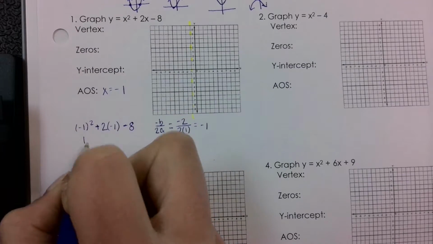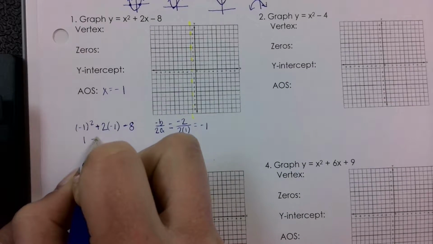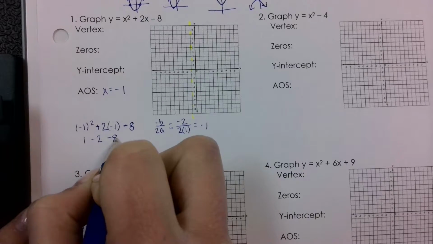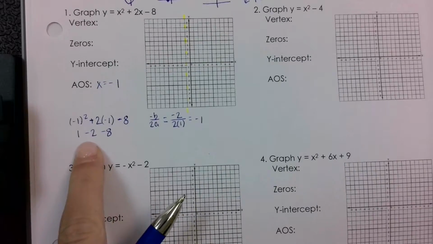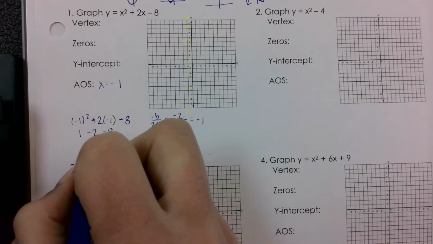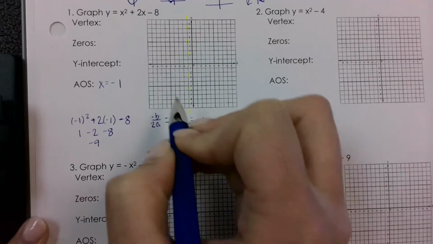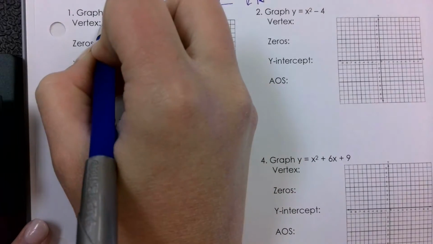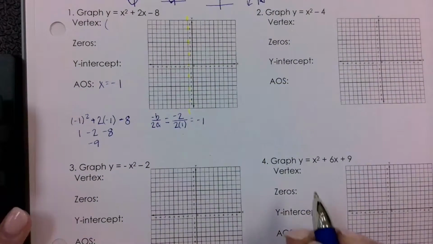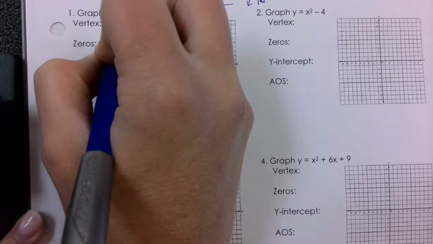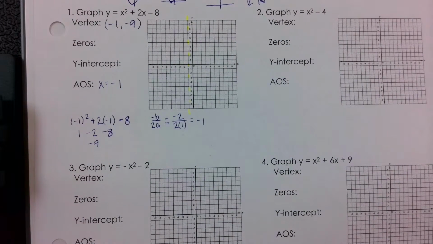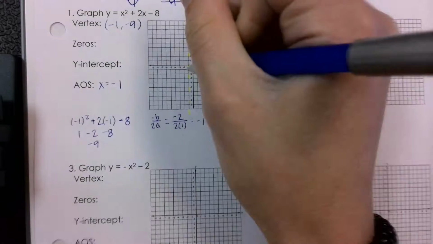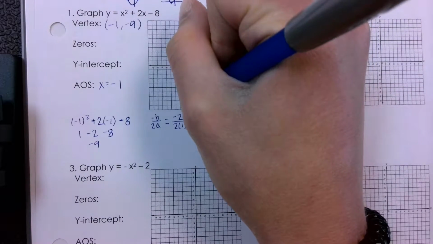And what's 2 times -1? -2 minus 8. What is 1 minus 2? -1 minus 8. -9. So how would we write our vertex? -1, -9. So we can plot that.